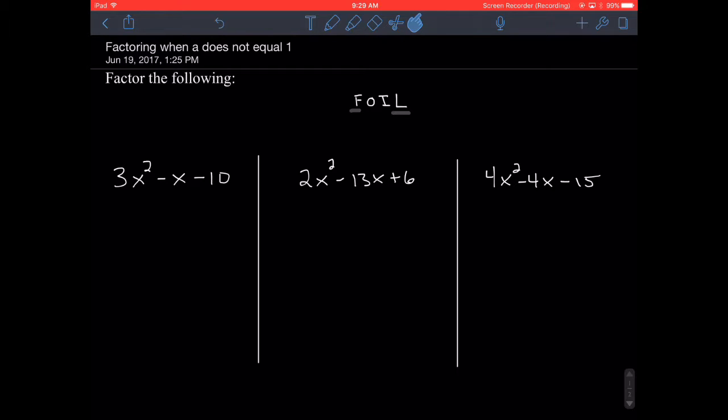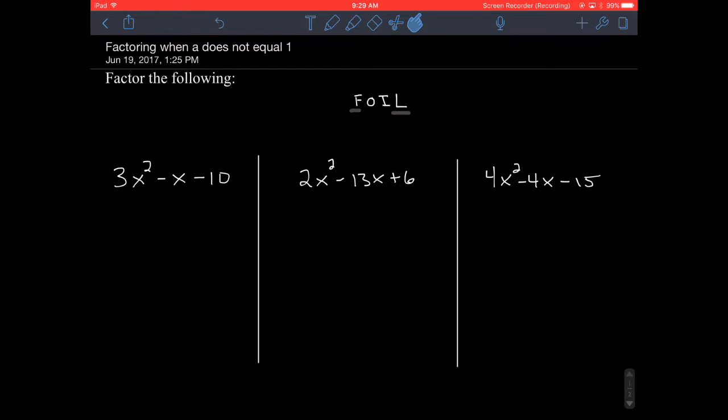When thinking about how to approach these problems, I'm going to consider the FOILing algorithm that I normally use to multiply out two binomials. Specifically, I'm going to consider the fact that only my outer and inner products combine in my final answer. In other words, my first and my last term are unaffected by my two middle terms. Now, what does this mean for us in our factoring here?